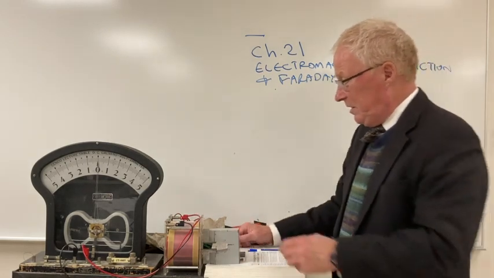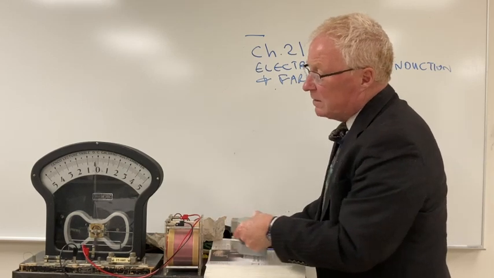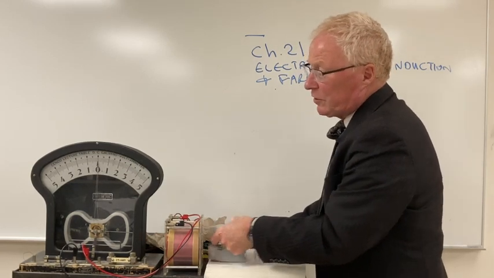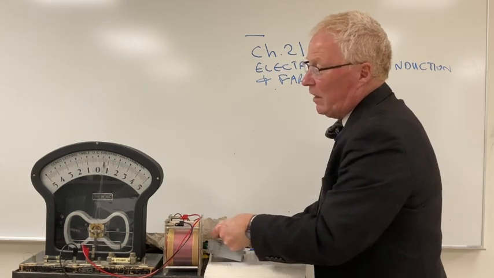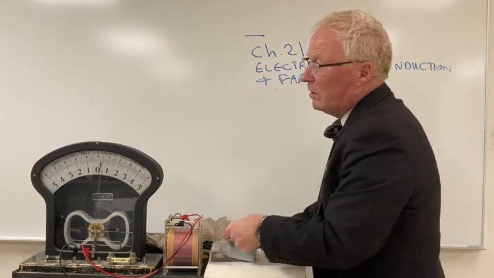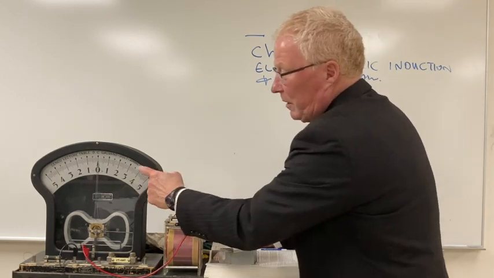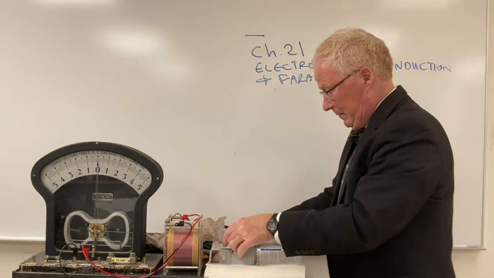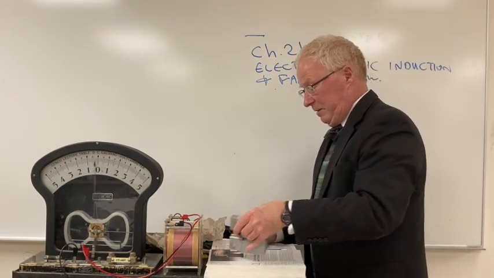The only time we see something happen is if we move the magnet either towards it, which goes one direction, or away, which goes the other way. So moving it in and out, forward or backward, we produce a current in this wire, which we pick up in this galvanometer.